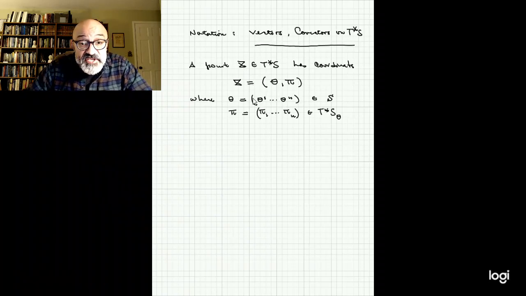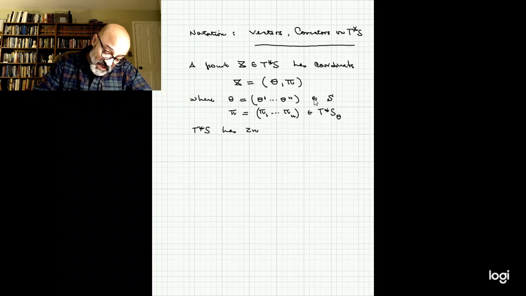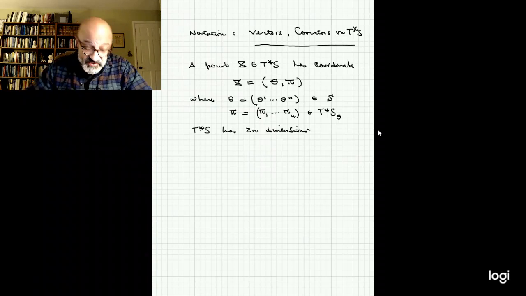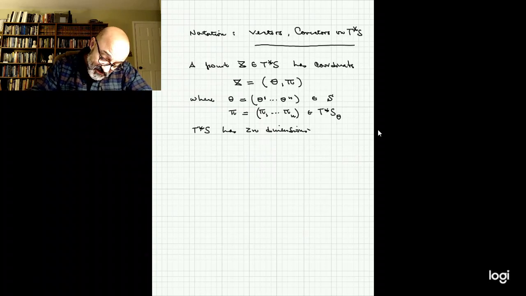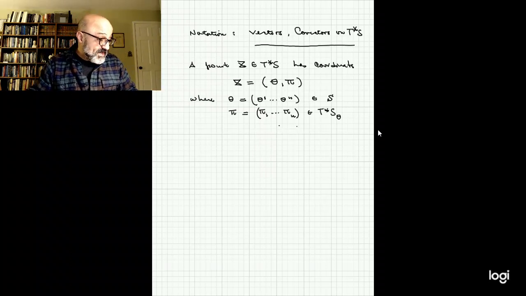You can appreciate that this phase space has 2n dimensions. If this part has n and that part has n, it has 2n dimensions. But I'm not going to tell you that yet, because we're going to have to think a little harder about this in a second.